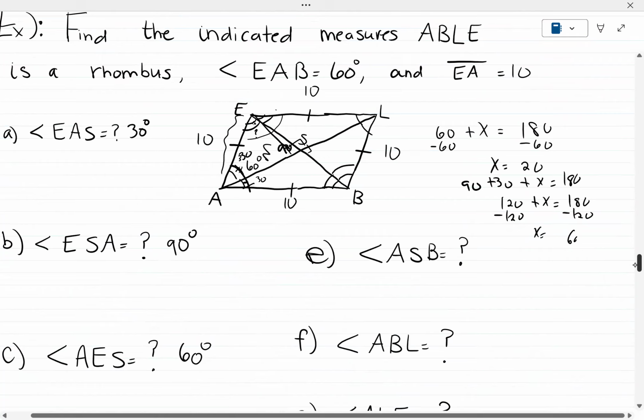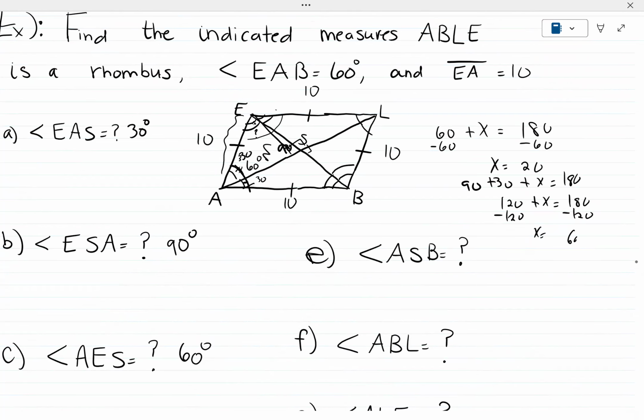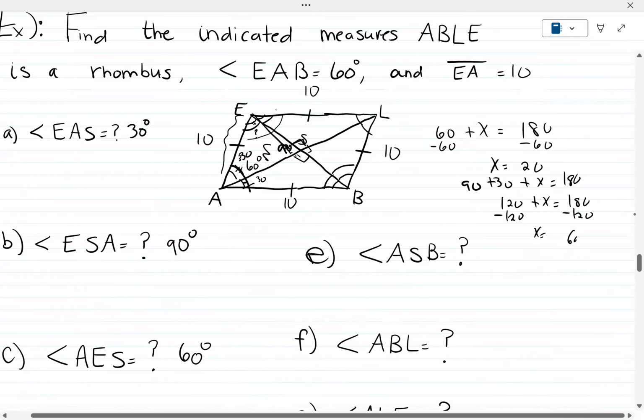What about E? Angle ASB is the angle of the perpendicular, so shouldn't that be 90? This angle right here is perpendicular, because the diagonals all form 90 degrees.